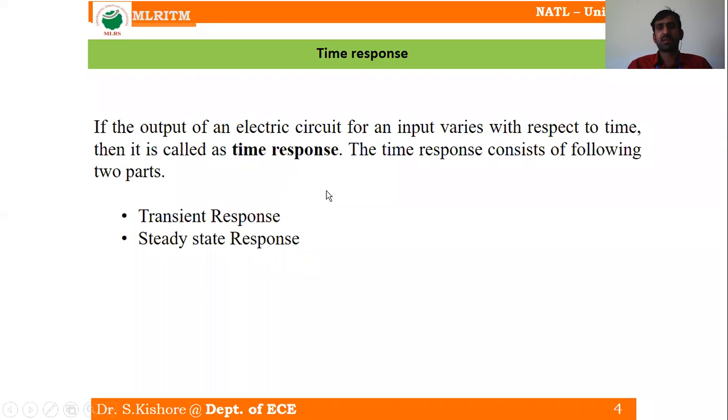The response of an electrical circuit for a given input, if it varies with respect to time, is the time response. This time response has two types, so we can analyze it by dividing it into two: one is the transient response and the other is the steady state response, right?